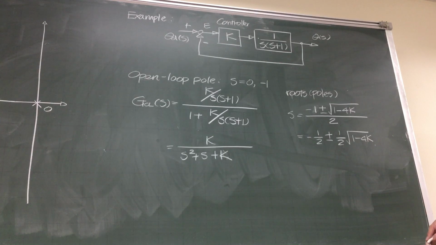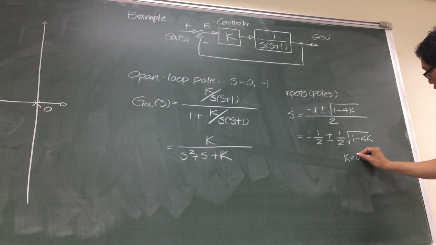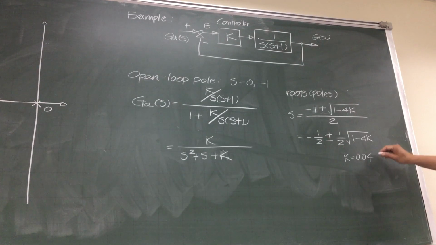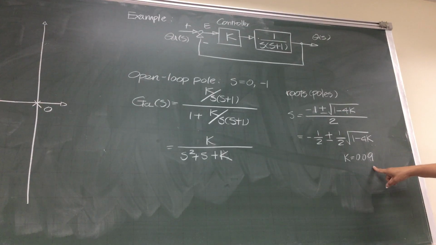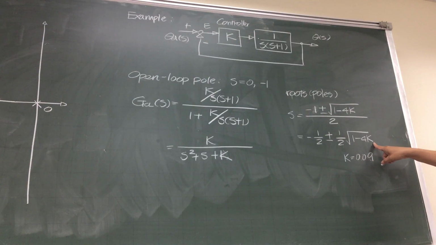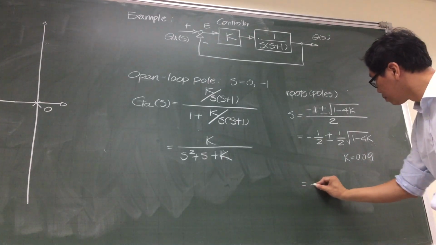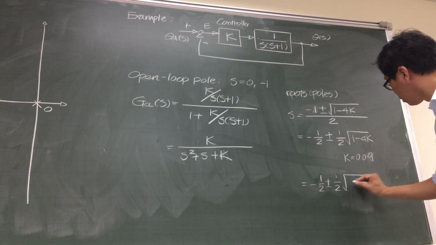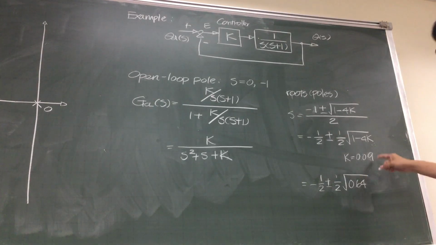Is that right? So let's say, is there anything easy for us to pick? 0.6? No. 0.4? 0.04. So this one over here is going to be 0.09.